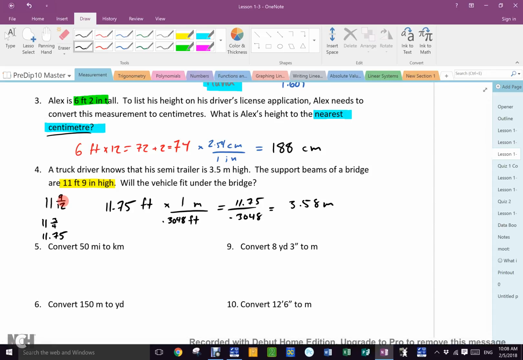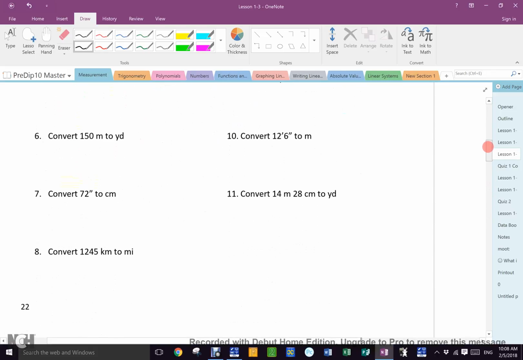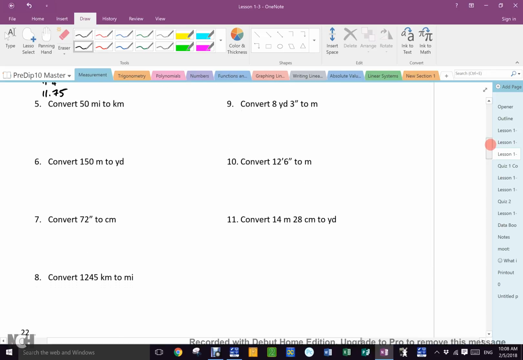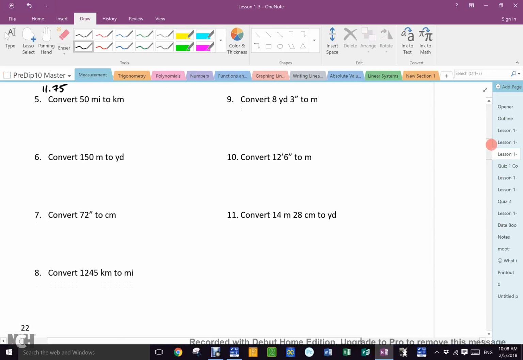All right. You guys do 5 through 11. It should take a couple of moments because they're only one-steppers. But 9, 10, and 11 are slightly tricky.